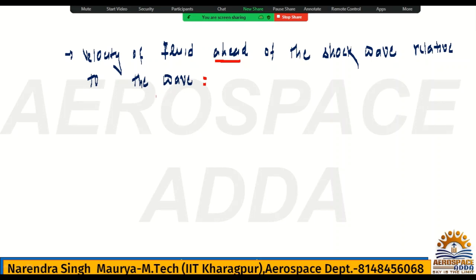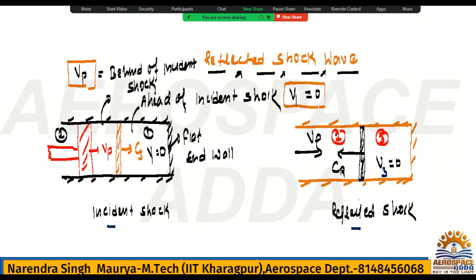Check. And this shock wave is obviously the reflected shock. Yes or no? It will be the reflected shock. So velocity of the fluid ahead of the shock wave, and it will be a reflected shock. So check, where is the reflected shock?